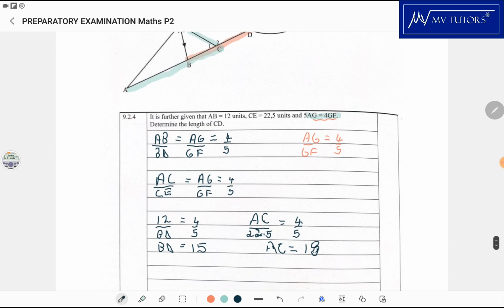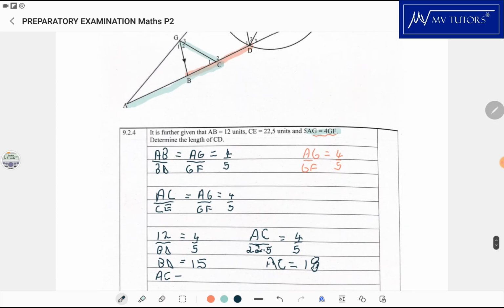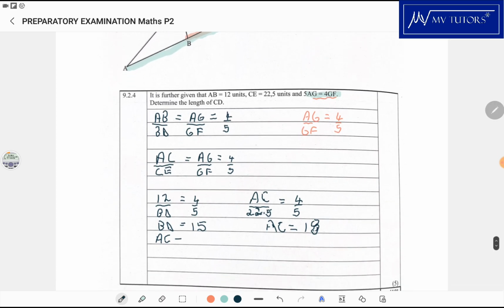So I'm going to say AC minus, AC is 18, but let me write it down. AC minus, what am I given? AB.